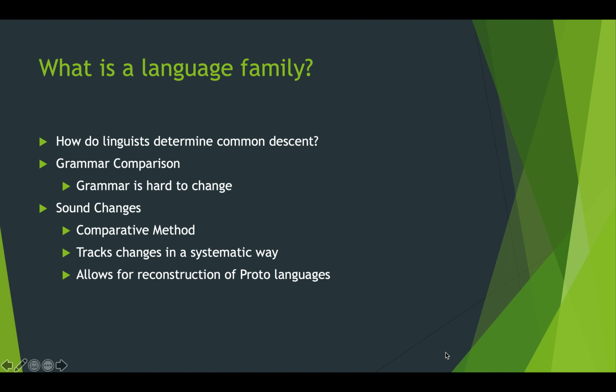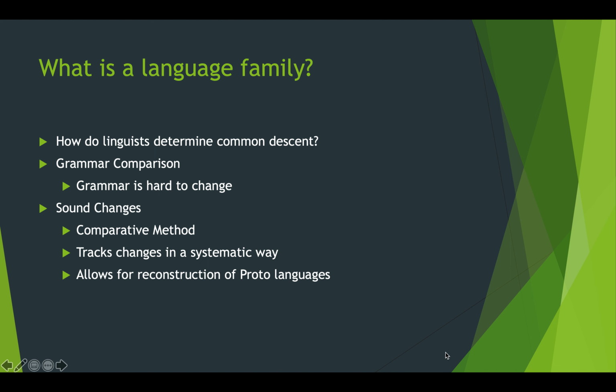So if we know that French, Spanish, Italian, Portuguese are all the daughter languages of Latin, we can look at the sounds that are found in each of those languages, and the ones that are the same in all of them were very, very likely the sounds that were found in Latin.